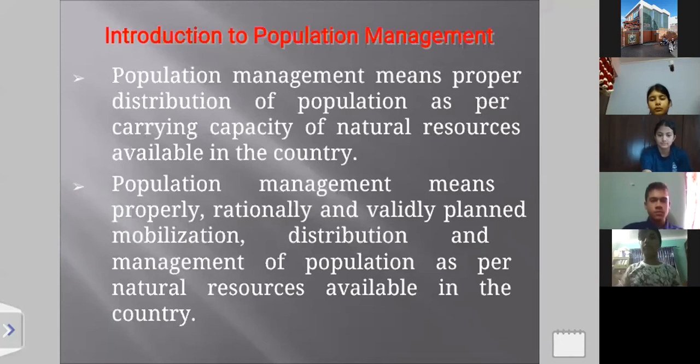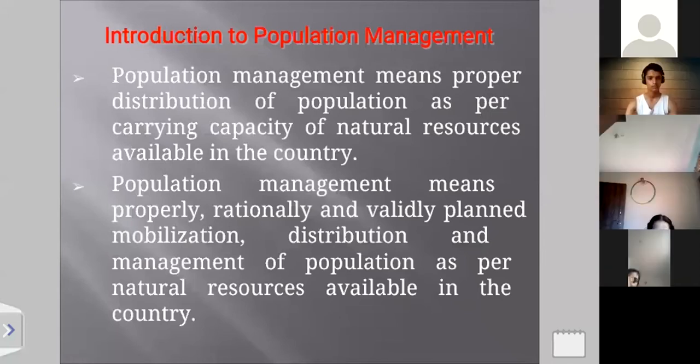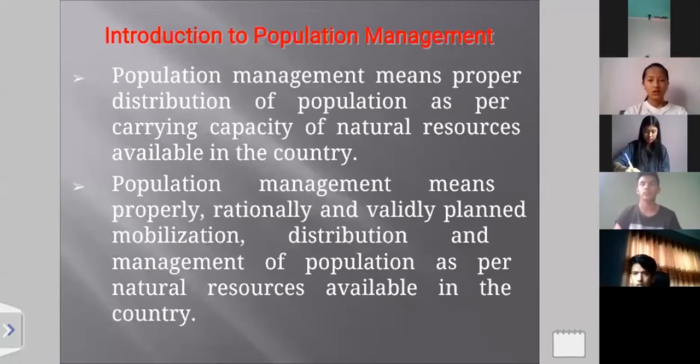So my dear students, listen very carefully. Properly means proper use of human resources, proper management of human resources according to the available natural resources, and rationally, scientifically, systematically management of human resources according to the availability of natural resources. That's rationally, right? And validly planned.